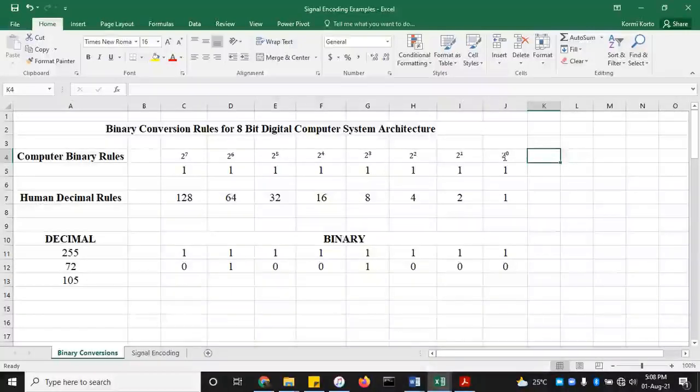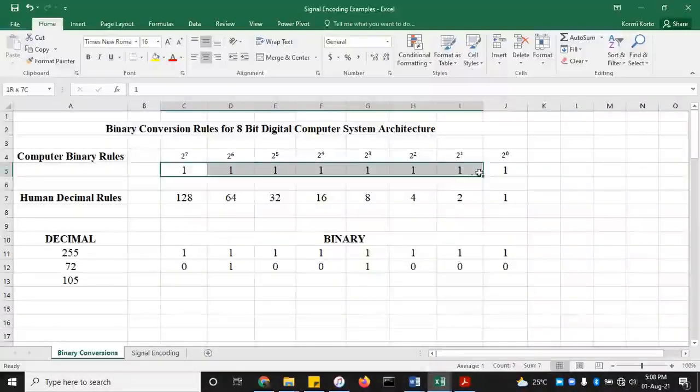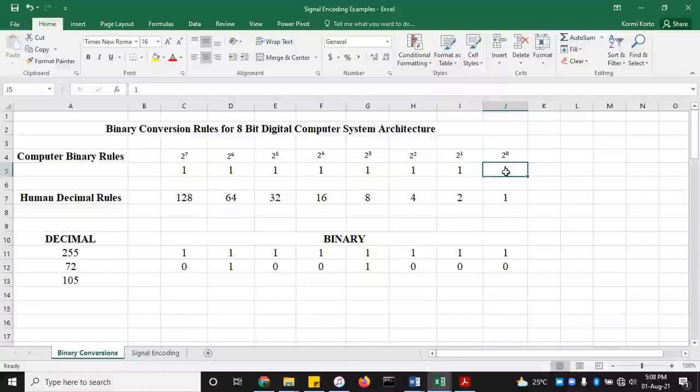So in this case, if you were to switch these cells to all ones over here, one meaning that it's an on state, then the value that it will take is 2 raised to the power 0, which will make it a 1 in decimal.